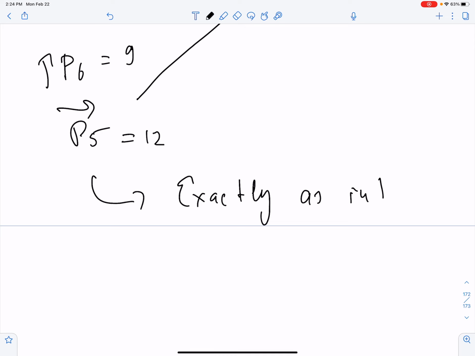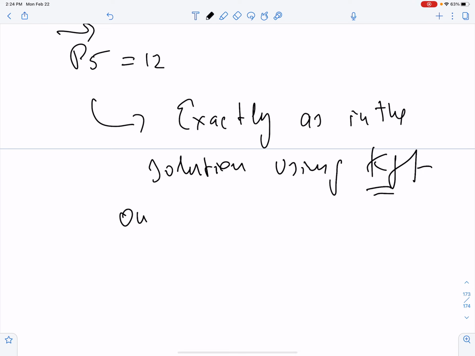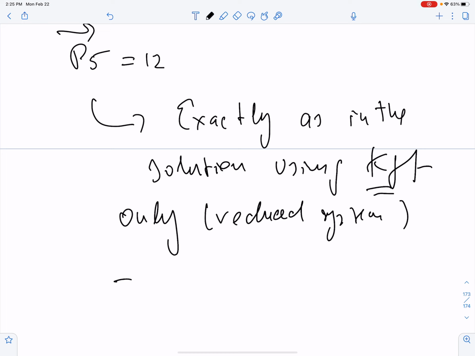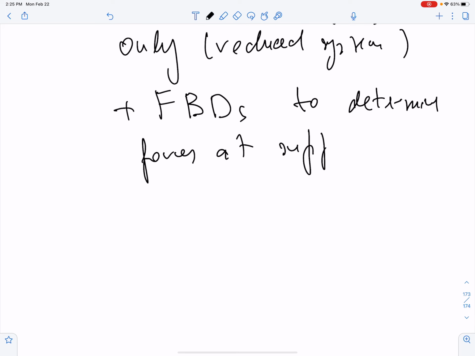as in the solution using KFF only, what I call the reduced system, plus free body diagrams to determine forces at supports.